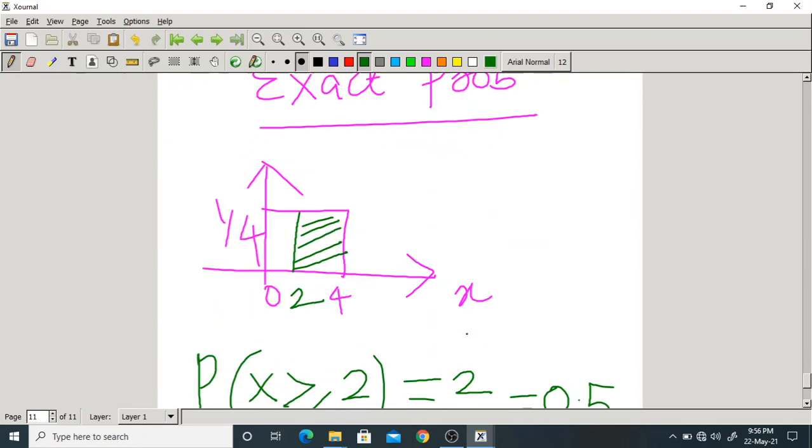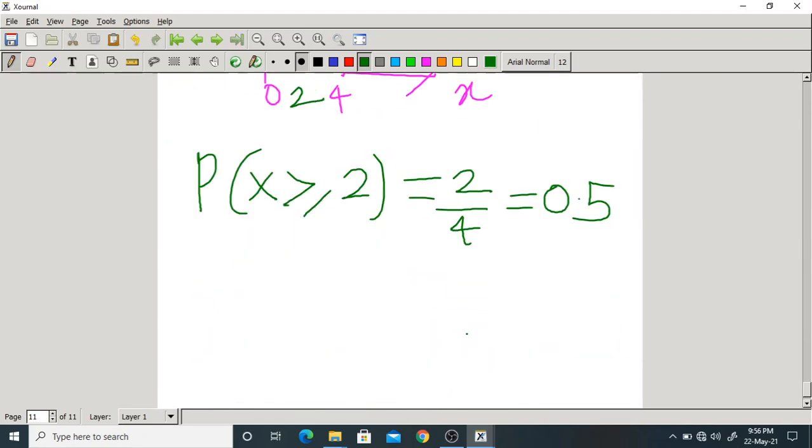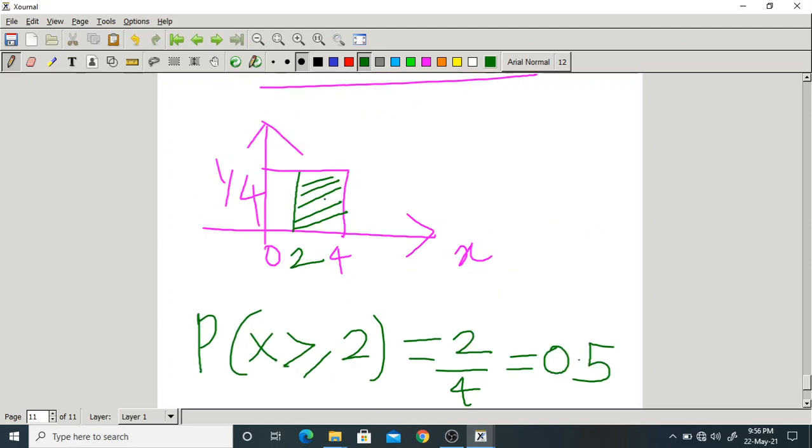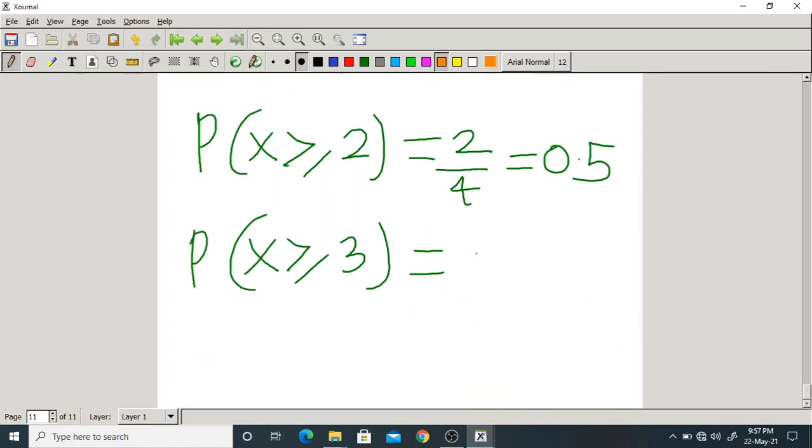Now in the same way, for exact probabilities, what is the probability that x is greater than or equal to 3? Simple. You take this area, no? This area, 3 to 4. What is this area? 1 by 4. That is 0.25.